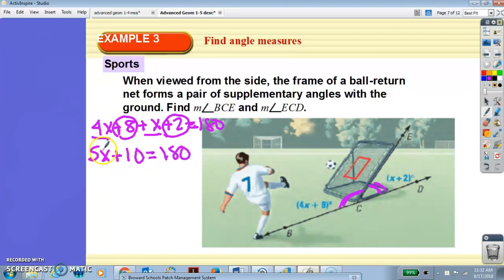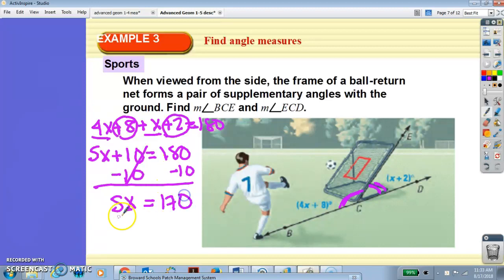Now we need to get rid of whatever's on the same side of the variable that is not attached to it using inverse operations. So we're going to subtract 10 from both sides. We bring down our 5x, bring down our equal sign. 180 minus 10 is 170. Divide by 5 on both sides because we're going to take care of whatever's attached to the variable using inverse operations. It's being multiplied. The opposite is division because any number divided by itself is 1.